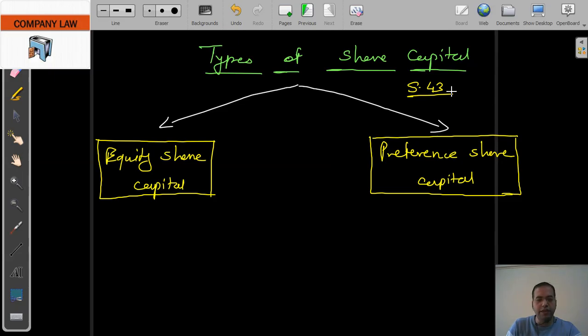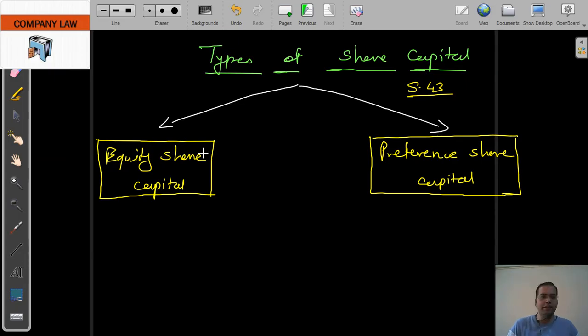So basically, which is the equity share capital? The definition is very simple: it is that share capital which is not a preference share capital. So the definition of the equity share capital is given like this.